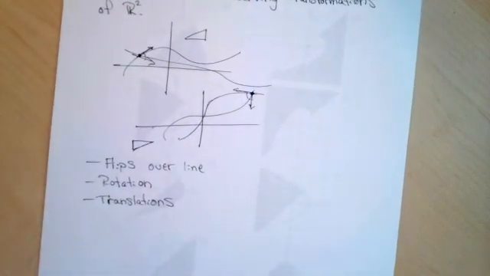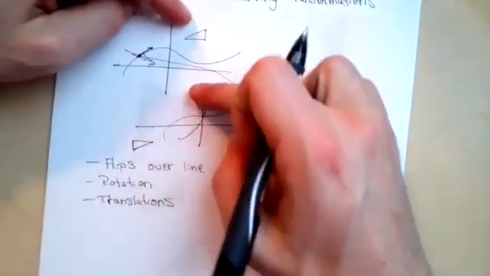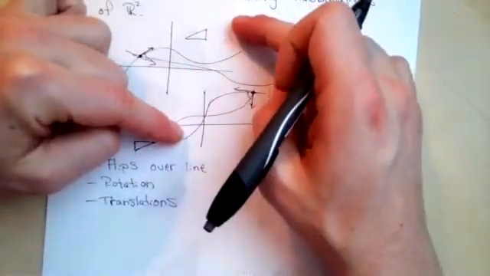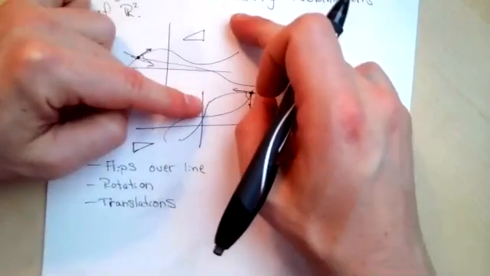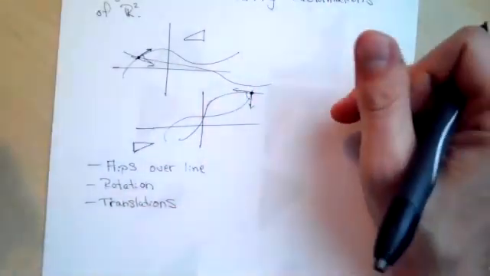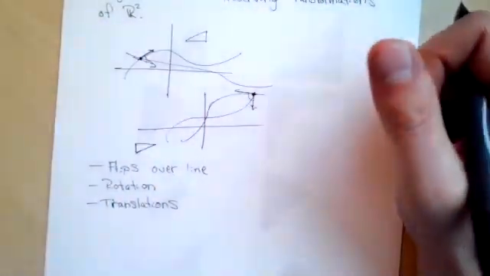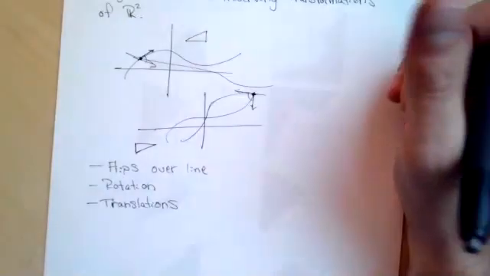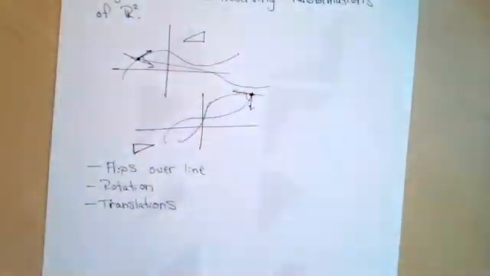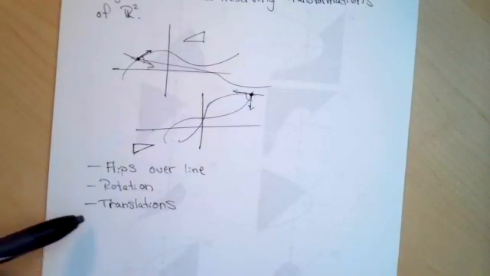So let's take a look. What's a flip going to do? Well, I could take this whole thing and flip it over the vertical axis or the horizontal axis. And you can kind of tell from that, well, again, the shapes are going to be preserved. All the angles, all the side lengths of the shape, nothing's going to change. It's just going to flip upside down and move down here. Translation is as well.